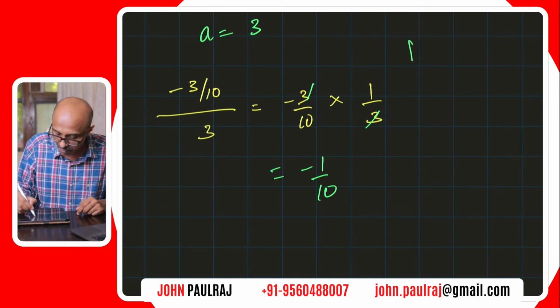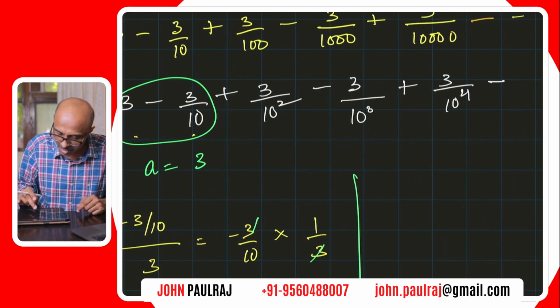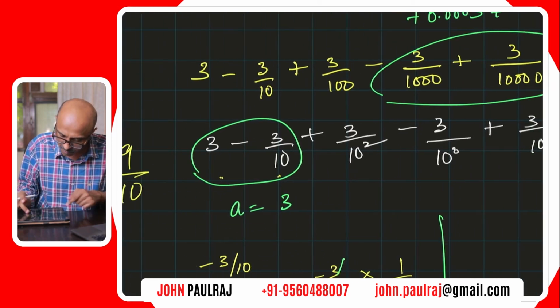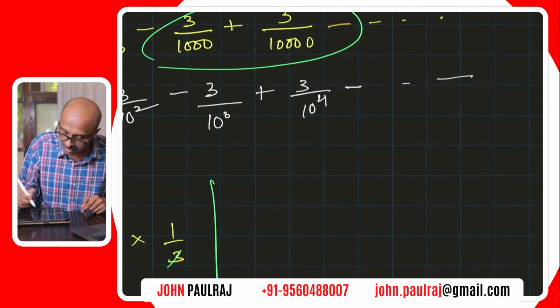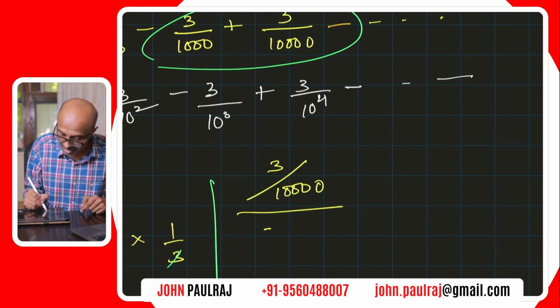Okay, for the sake of time, I'm not going to do this for everything, but you need to check. Let me do one at least. Let me take at random the ratio of, let's say, the fifth term to the fourth term. 1, 2, 3, 4, 5. Yeah, fifth term to the fourth term. So I have 3 over, that's how many zeros? It's 4 zeros, I believe, divided by a negative 3 over 1000.